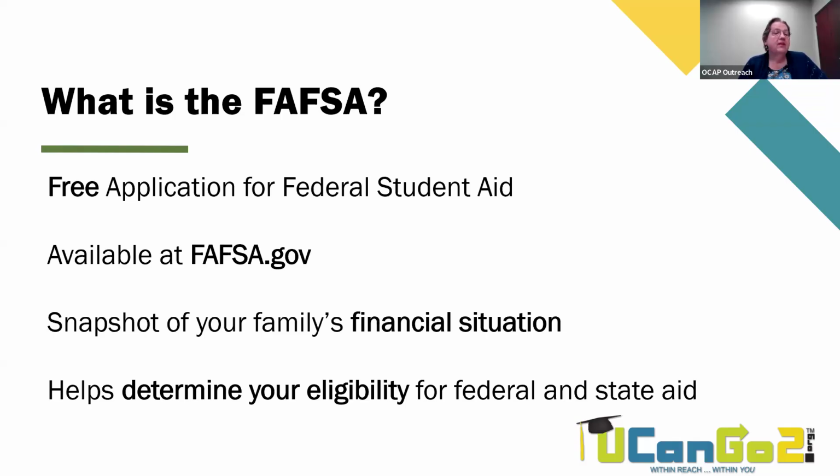It's no commitment to any loans. It simply shows the financial aid offices the financial need of that family, and it will help that student determine their eligibility for federal and state aid. You may have heard of the OTAG grant from Oklahoma. Those who administer that grant must see the data from the FAFSA to determine if that student is eligible for OTAG.